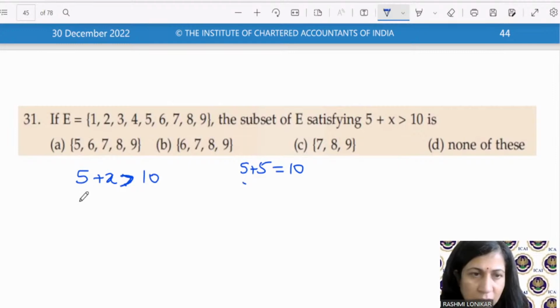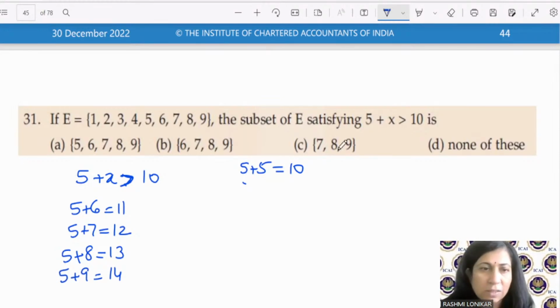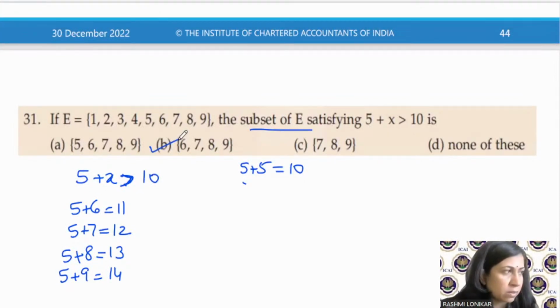So 5 plus 6 is equal to 11, 5 plus 7 is equal to 12, 5 plus 8 is equal to 13, 5 plus 9 is equal to 14. So the subset of E that is satisfying this equation is 6, 7, 8, 9. So B will be the correct answer.